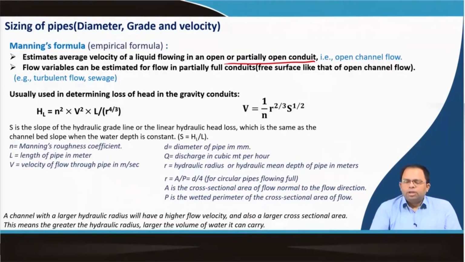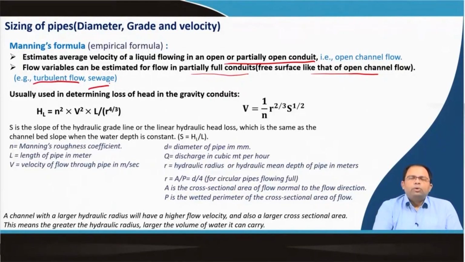So, usually this is used for open channel flow, and flow variables can be estimated for flow in partially full conduits, like a half filled circular pipe or a 2/3 filled circular pipe, with a free surface like that of an open channel flow. It is similar to the free surface of an open channel flow, because it is partially flowing, that means there is an open surface and there is turbulence in that.